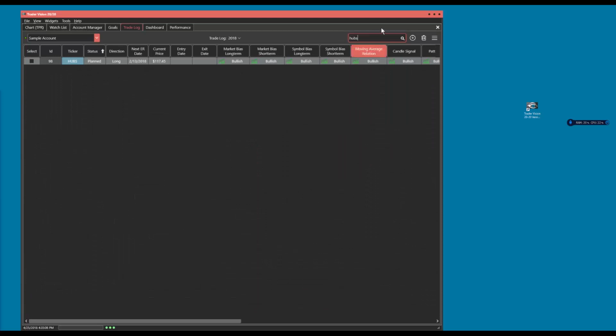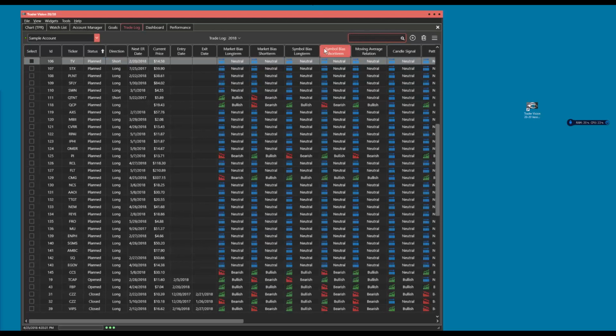I can just type the ticker and it will pull it up, or I can just look for any short trades and it will pull up only my short trades. I can pretty much search by any field, ticker, status, direction, dates, whatever you want to look for, and it will filter the list to those.